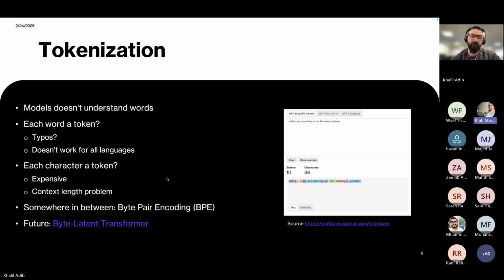I think you are mixing two things here. The tokenization I'm talking about is the representation of the input texts, while what DeepSeek did, and obviously I can talk about this in future webinars, is that for the actual numerical representation inside the neural networks, they use less precision.